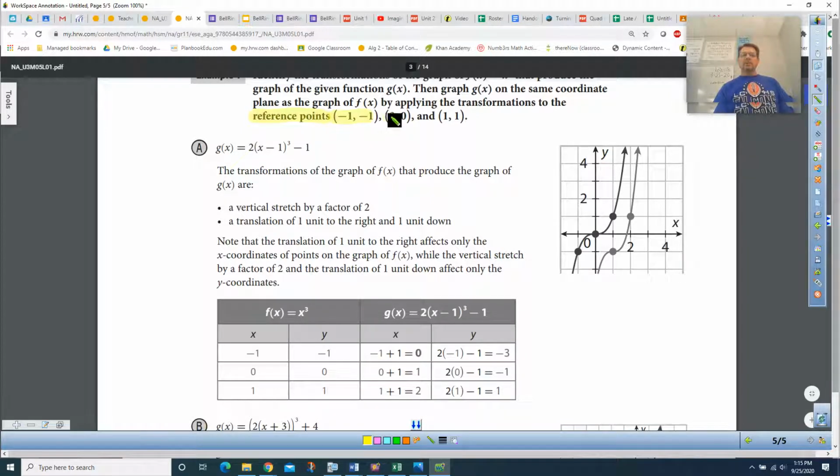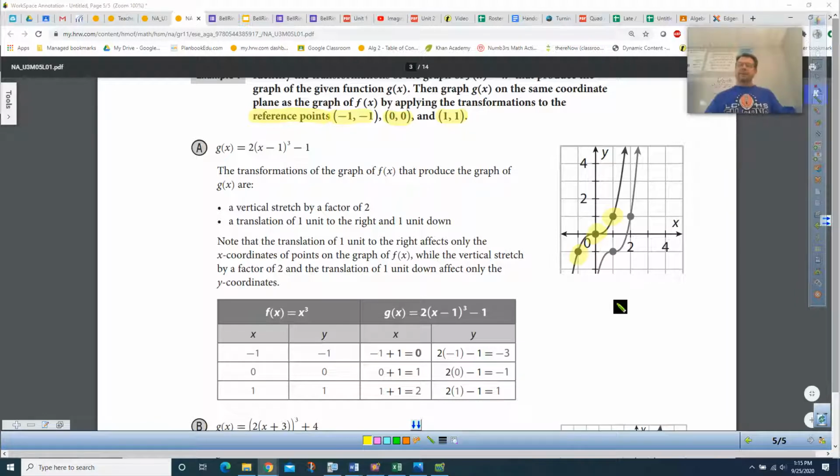And so these are the reference points on the parent function. And if we can track where these three things go, we can get a good idea of what's going to happen to our translated function. Let's put that right over here then, okay? All right, and so they said, let's take these three points and see what happens when you put them through this translated function, okay?